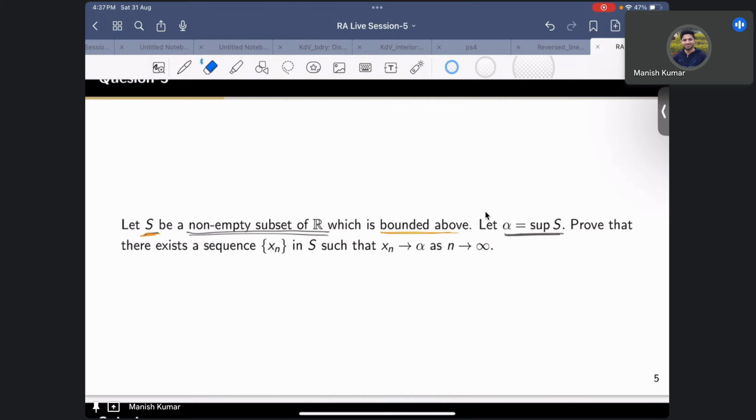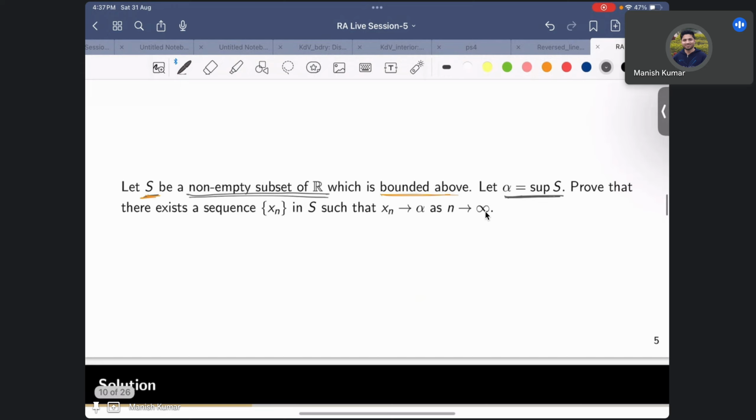For the proof we'll just use the definition, nothing more. So let me first write the definition. When we say alpha is the supremum of S, what does it mean? It has two things.